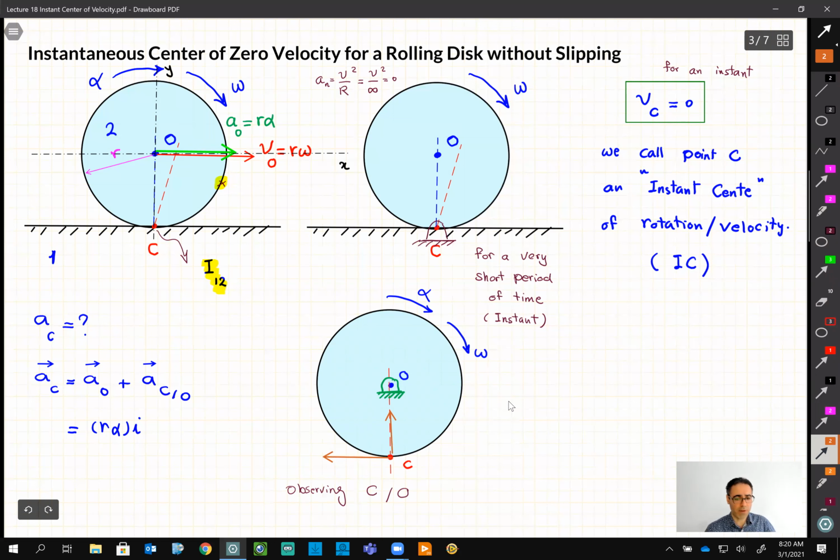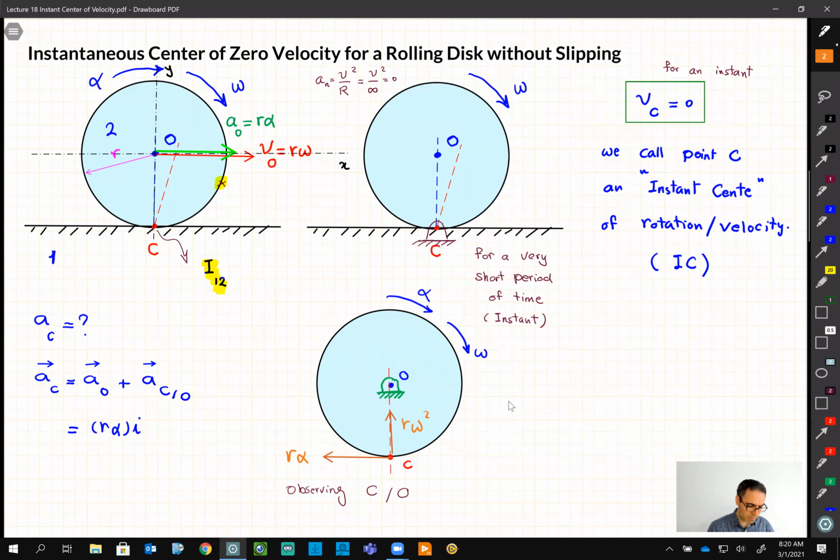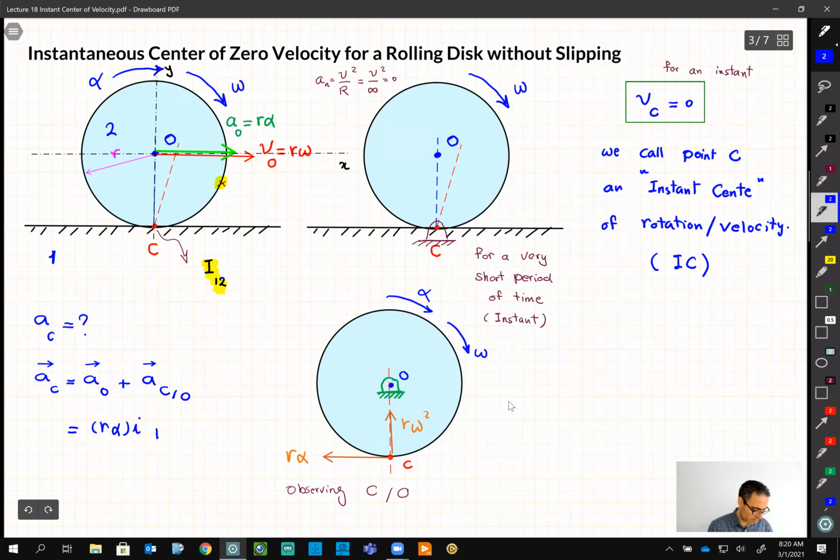Look at the direction of alpha and omega. So this is R alpha and this is R omega squared. So let's put them in I and J here. I will have R omega squared J minus R alpha I. Okay, so this is the acceleration of C with respect to O, and this is the acceleration of O. So let's do the math here.